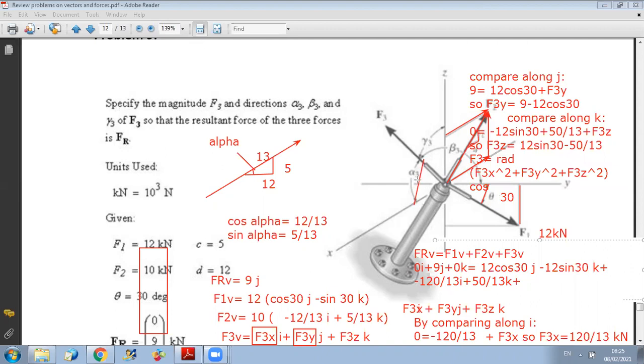If you remember how we defined the direction angles alpha 3, beta 3, and gamma 3, since alpha 3 represents the angle with x, if I do the perpendicular projection like this, I get f3x. So this is f3x. This means that cosine alpha 3 is equal to f3x over the hypotenuse, which is f3.